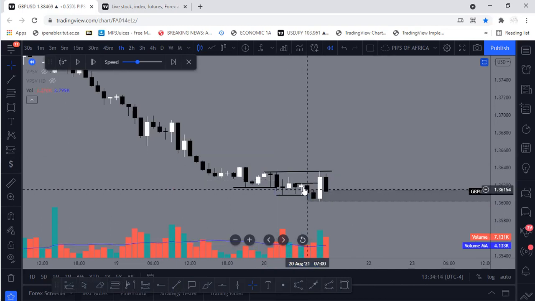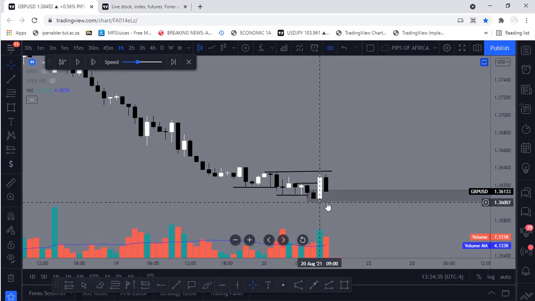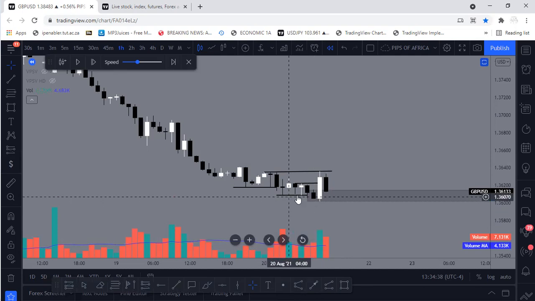So this is the supply that caused the price to grab liquidity. Let me repeat that. This is the buy to sell that led the price to grab liquidity underneath the double bottom or the equal lows.